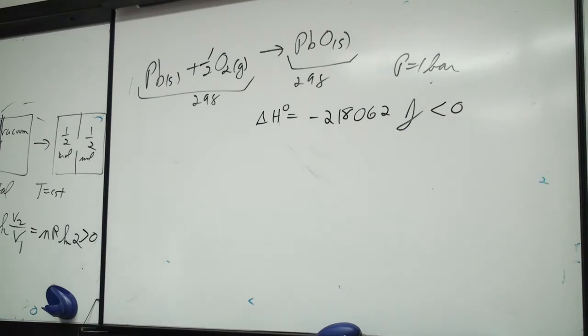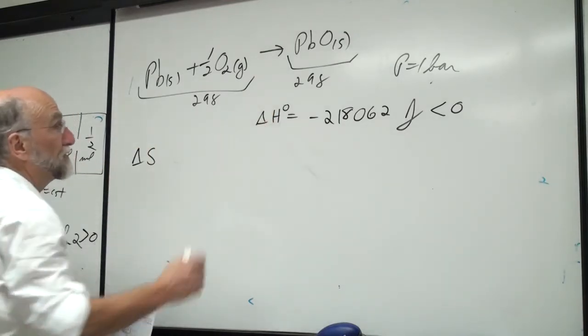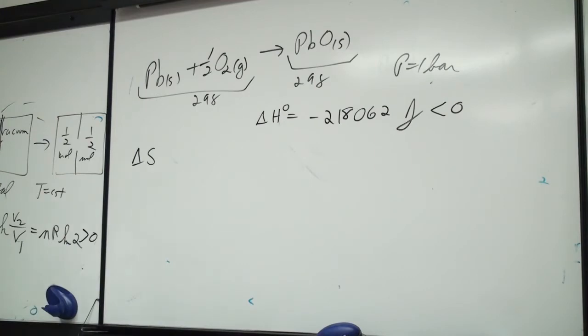I also look up in my tables because I want to calculate delta S. I do not see delta S given, because this is all standard state: pure Pb, pure PbO, oxygen at 1 atmosphere. The tables don't give me delta S because S is an absolute quantity.